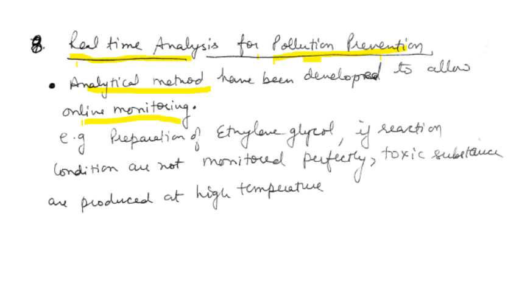For example, in the preparation of ethylene glycol, if the reaction conditions are not monitored perfectly, toxic substances are produced at high temperature. So such analysis should be there, and the reaction should be monitored so that the toxic substances which are produced are minimized.